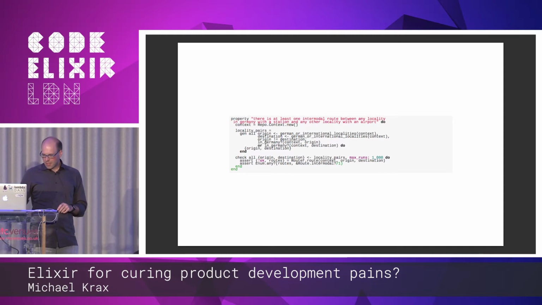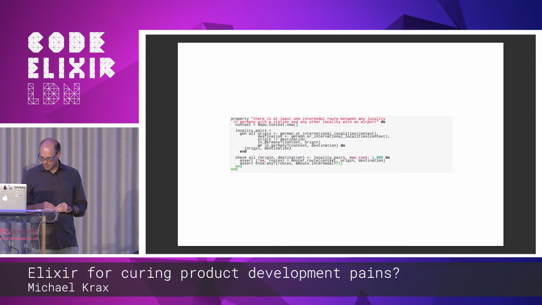And we are going to look at the German or international localities function in a minute. That's the next slide. But what this basically returns is the list of these localities, and we get them into origin and destination. We make sure that we are not searching for a route that is going to the same place again.